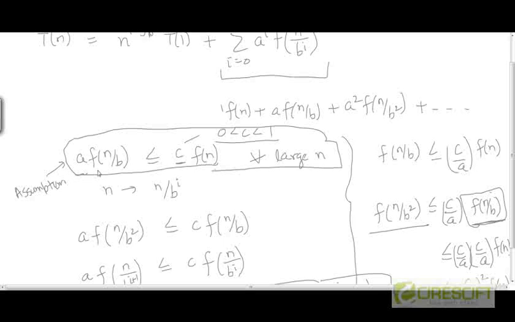So we are not only assuming that f of n is polynomially larger than n to the power log of a to the base b, we are assuming also that this inequality holds for all values of n sufficiently large. For very small values of n, it doesn't matter if this doesn't hold, because there'll be some constant terms and they won't affect the overall asymptotic complexity of T of n.